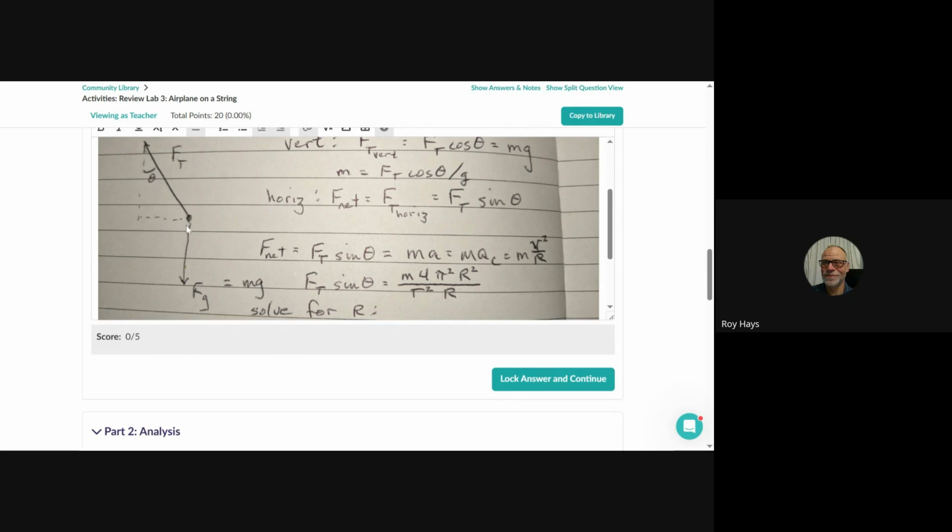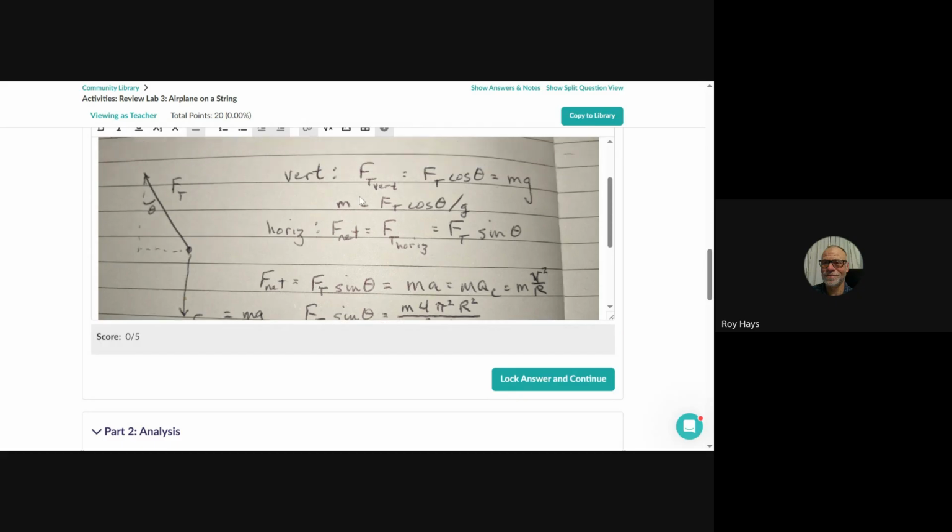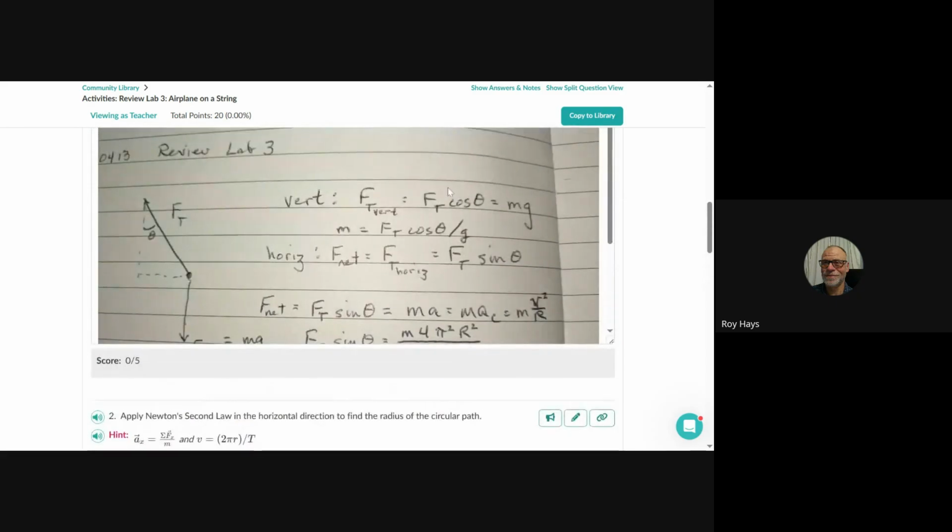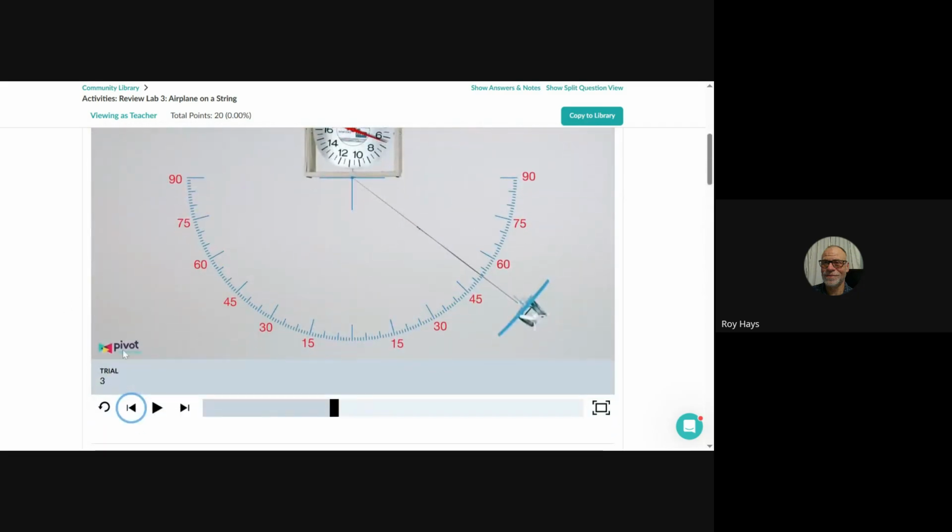Again, the net force horizontally is this horizontal component of the tension. So F_T sine theta is equal to the net force on any object, which is the mass times the acceleration. In this particular case, this airplane is traveling in a circular path, a horizontal path that it is circumscribing.